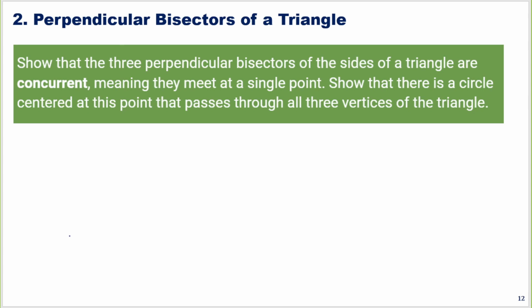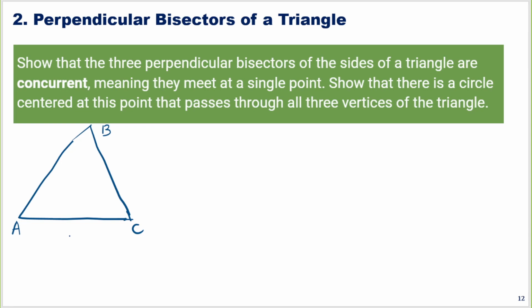Okay, do you have any ideas? Okay, again, we can draw a diagram to illustrate the situation here. So suppose we have a triangle ABC. Well, if you want to prove three lines are concurrent, it's usually not that easy, right? So usually we'll consider two of the lines.